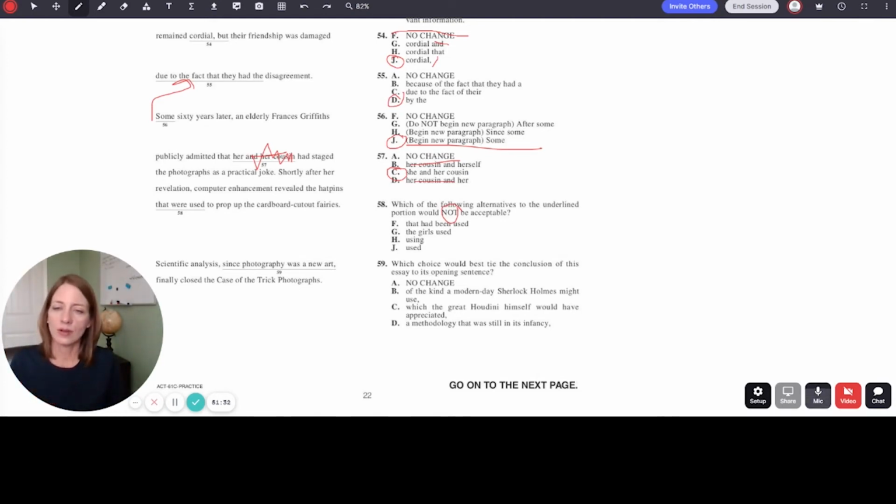"Computer enhancement revealed the hat pins that had been used." "Revealed the hat pins the girls used," "revealed the hat pins using," no, "the hat pins used." Okay. So, "using." All right.